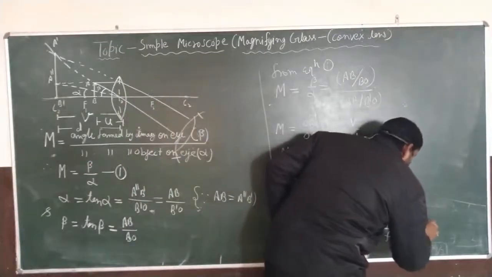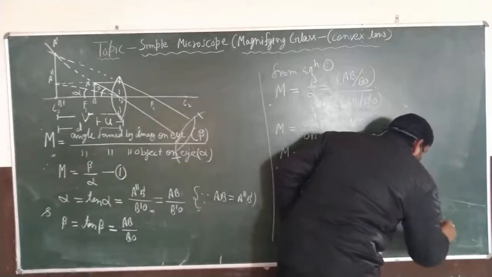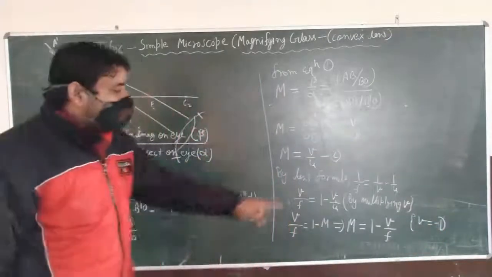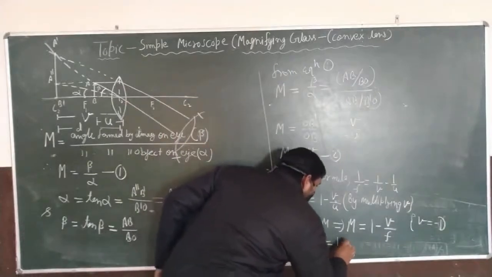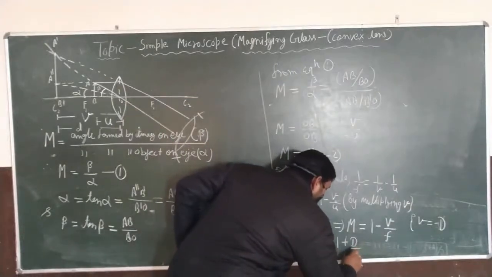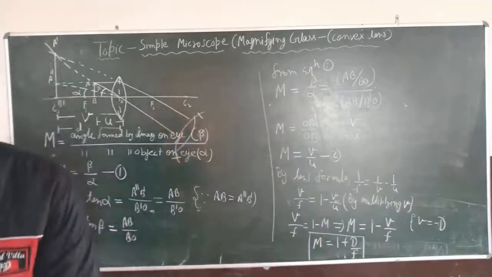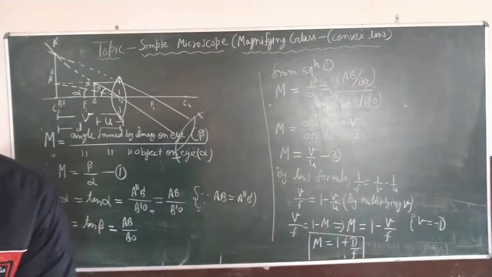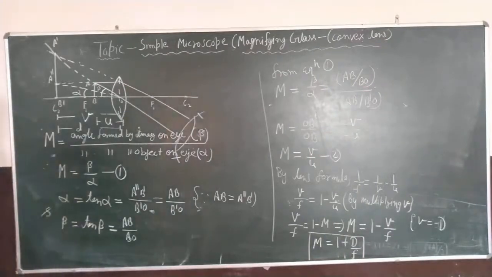Here we use V is equal to minus D, or in case of small d we can also use capital D. By using this value here we get the result for magnifying power: 1 plus D upon F. This is the magnifying power of a magnifying glass. Okay. Thank you.